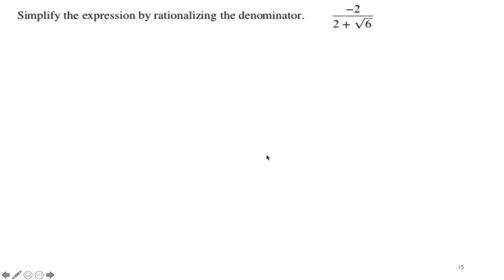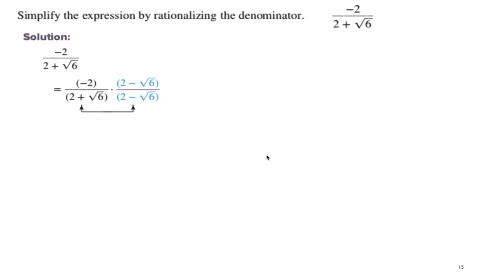So this will help us reduce our expression by rationalizing the denominator. So for example, I don't want this radical here, so this is a 2-term problem. So I need to multiply this by the conjugate, top and bottom. So notice 2 plus root 6 times 2 minus root 6. These are conjugates. So now again, because of that property we saw earlier, if I FOIL this out, if I multiply everything out, the radical goes away.